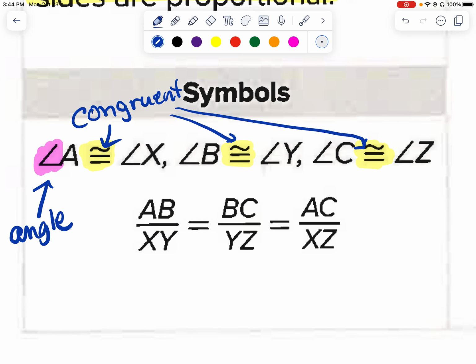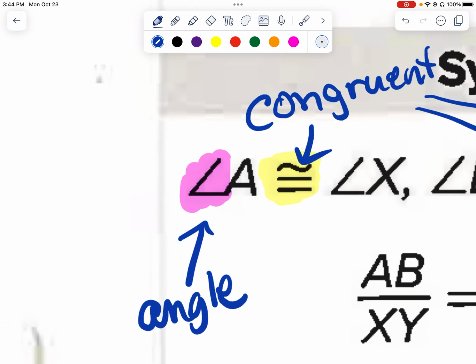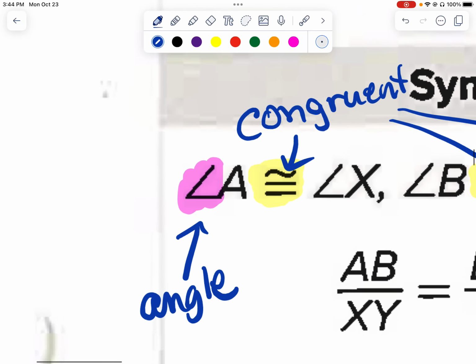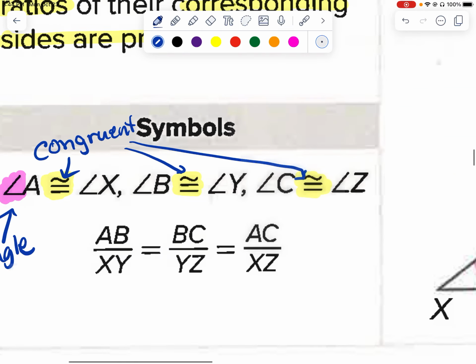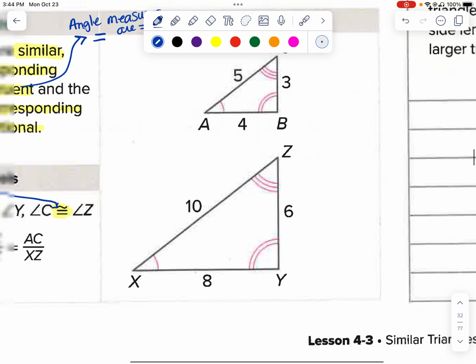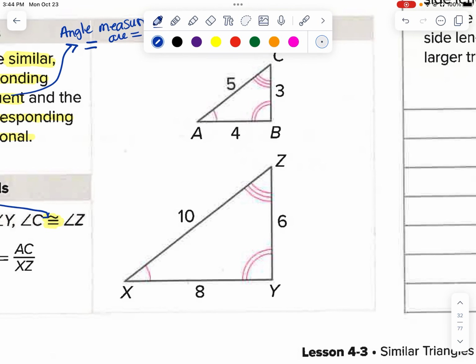So on this first one, it says angle A is congruent to angle X. I'm going to look at angle A, and they drew this right here, and angle X. Those are called arc marks. This arc mark, there's only one of them, and it shows that A and X have the same measure.